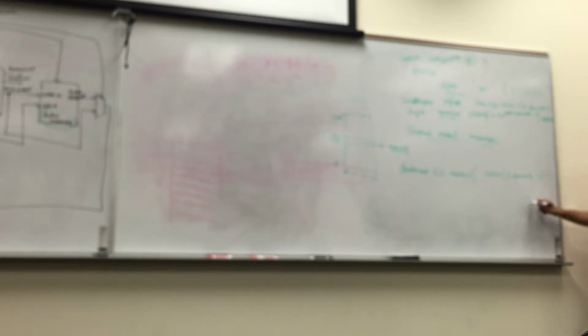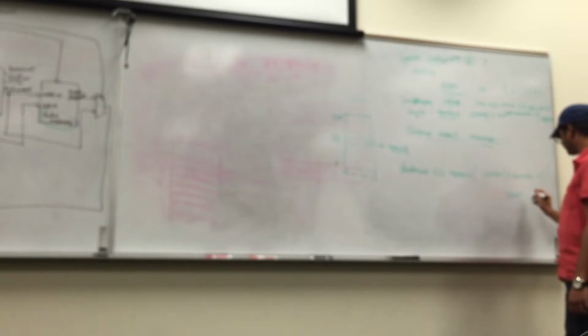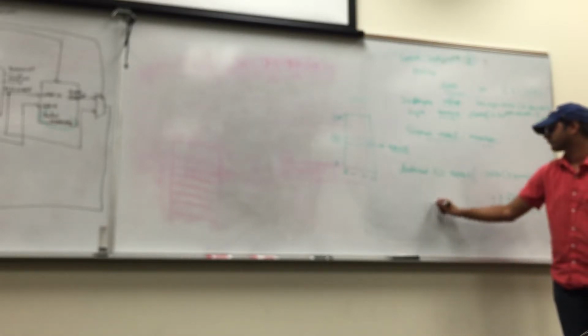So 10 is basically 1010, right? So location 10 is 0000 1010. This is my 10 in decimal. Okay, so say this is my address, these are the first 8 bits of the address, and then I have all don't care terms.